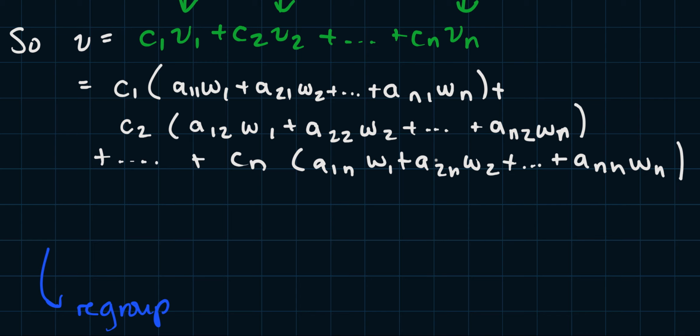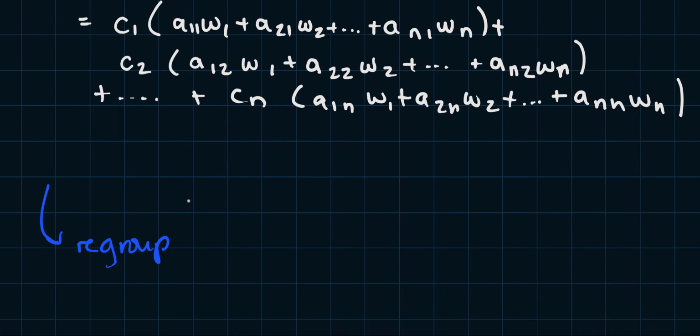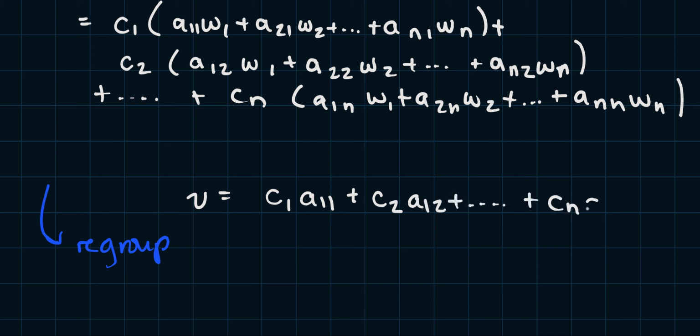I'm going to get all the Wi's, their coefficients, together. So if I regroup it, V is equal to, let's get all the W1s together. So we have C1 A11 plus C2 A12 plus all the way to Cn A1n, times W1.